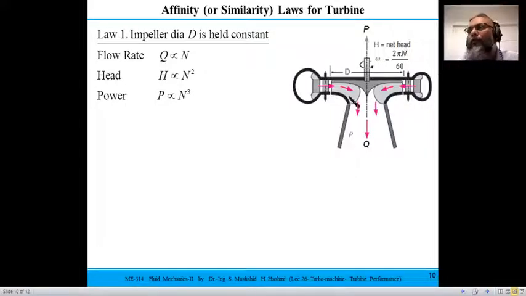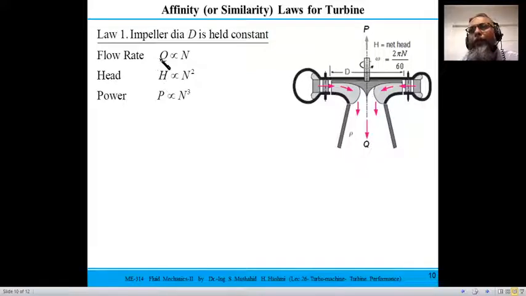Here, first of all, the impeller diameter is fixed for an impeller, and Q is the flow rate. Flow rate is directly proportional to the speed of the shaft, and H is our net head that is available for the turbine to transform into useful work.